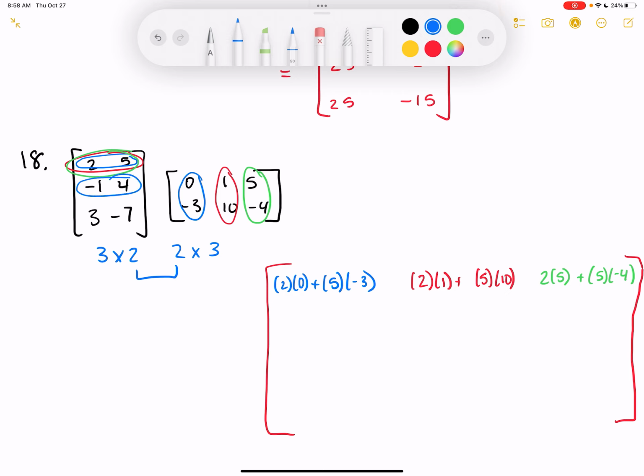Second row, first column, so I've got -1 times 0 plus 4 times -3. Second row, second column, -1 times 1 plus 4 times 10. Second row, third column, -1 times 5 plus 4 times -4.